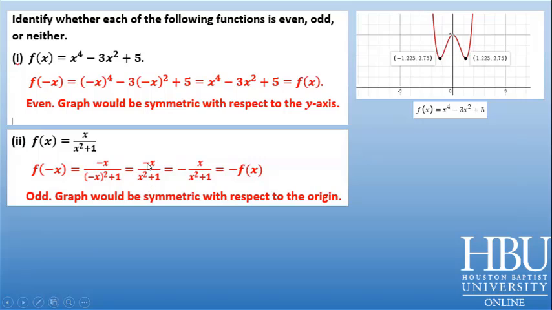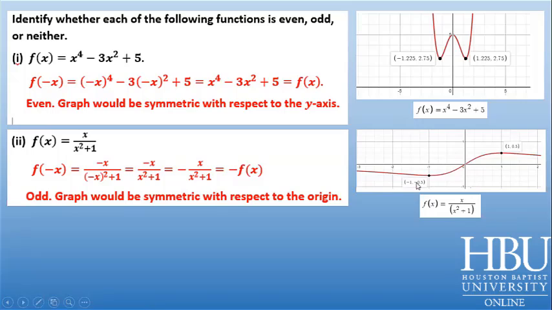The minus sign in the numerator can be moved in front of the fraction, so this would be minus x over x squared plus 1, and that's simply minus f of x. Since f of minus x equals minus f of x, this function would be an odd function, and its graph would be symmetric with respect to the origin.